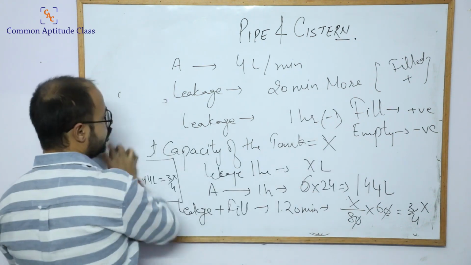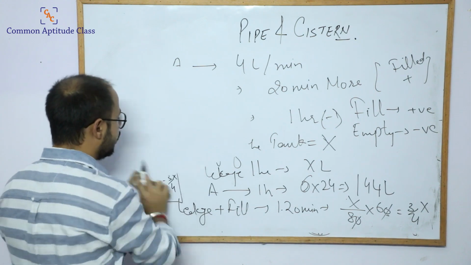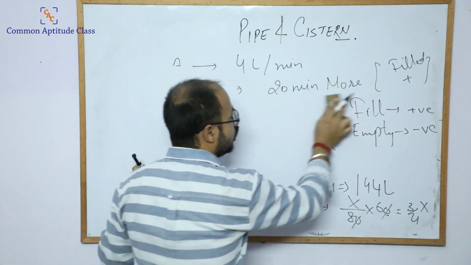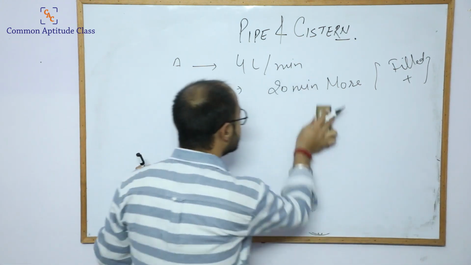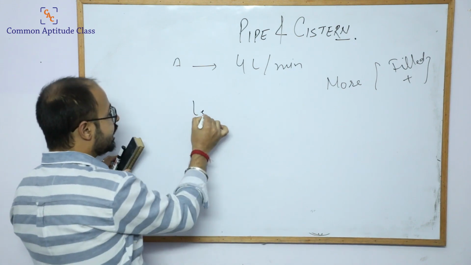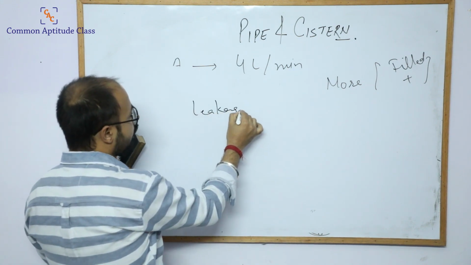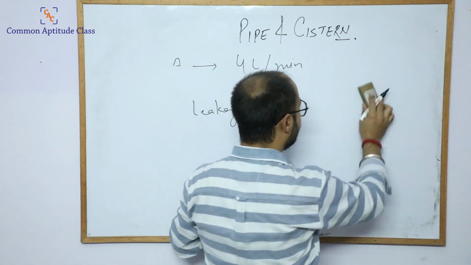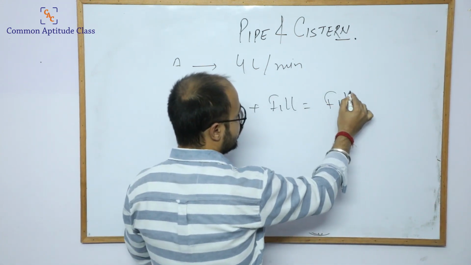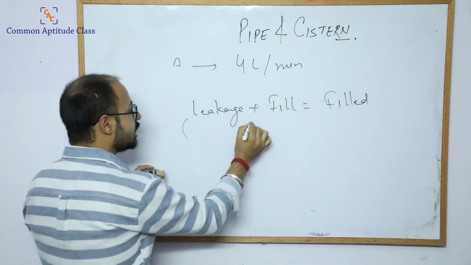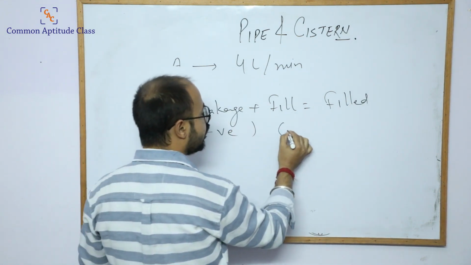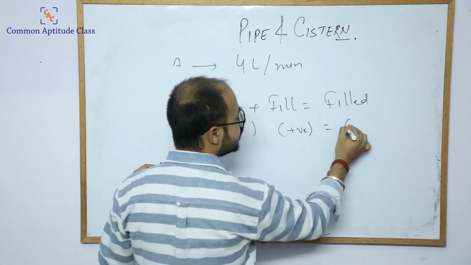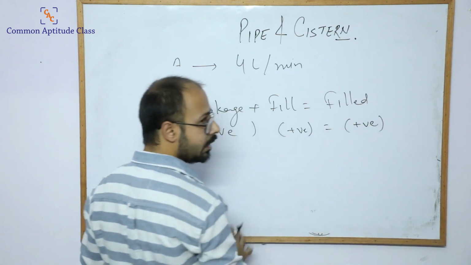I will write the generalized form so that you can easily find it. The generalized form is: leakage plus filling is equal to filled. The convention for leakage is negative, for filling positive, and for filled positive.